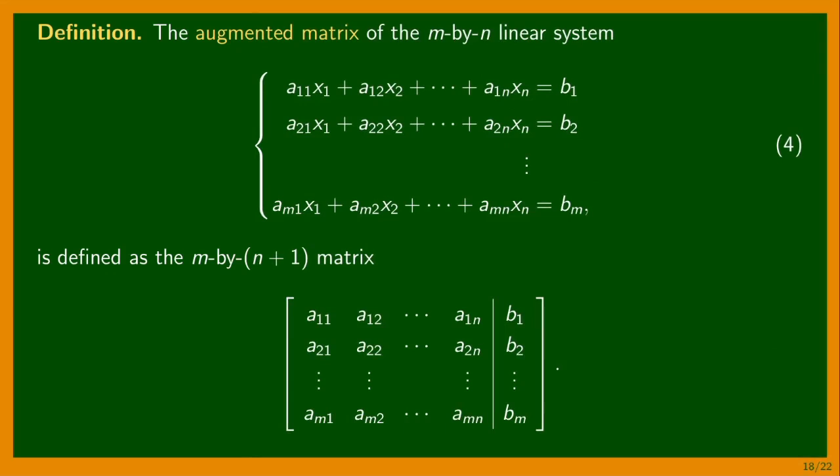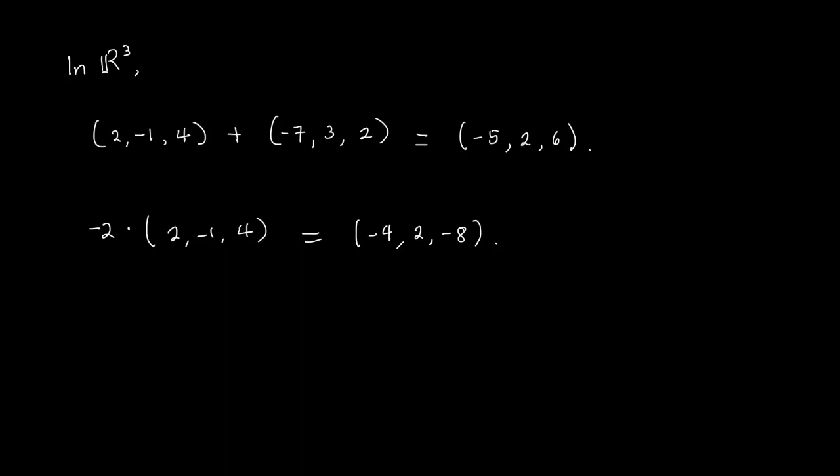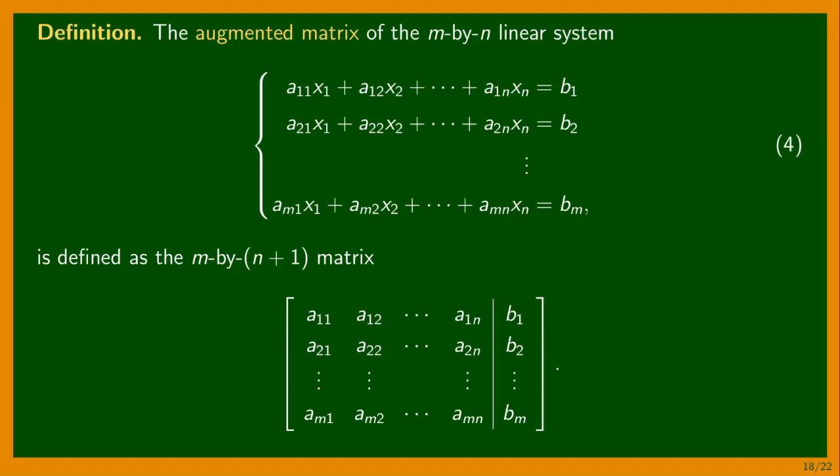Now, associated to each m by n linear system is its augmented matrix. Meaning to say, this is our representation of a linear system using matrices.